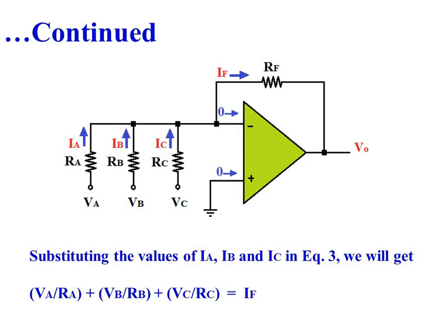According to equation number 3, IA plus IB plus IC is equal to IF.